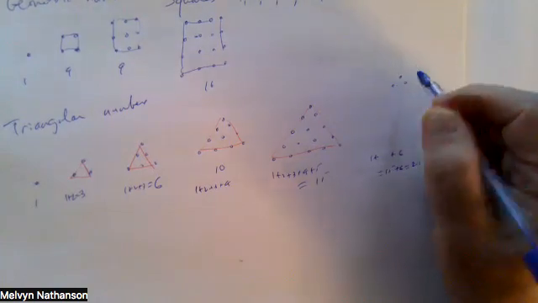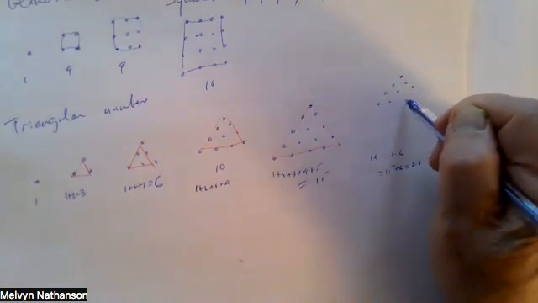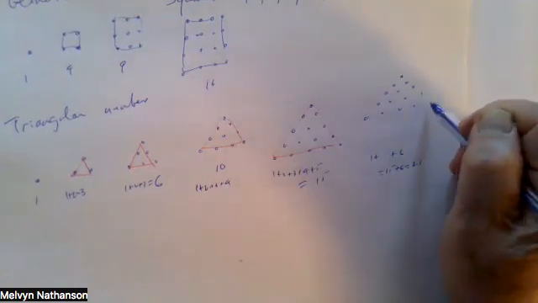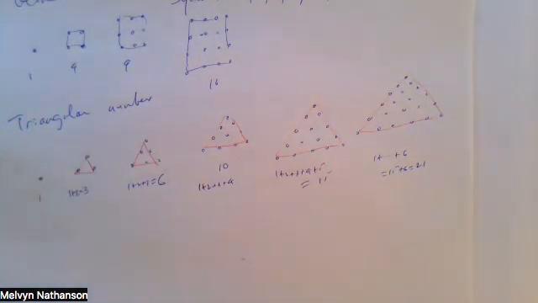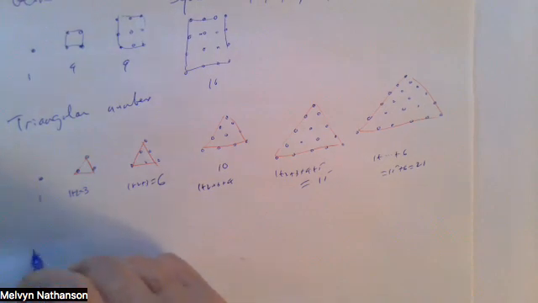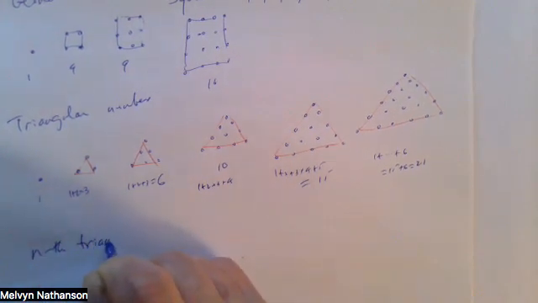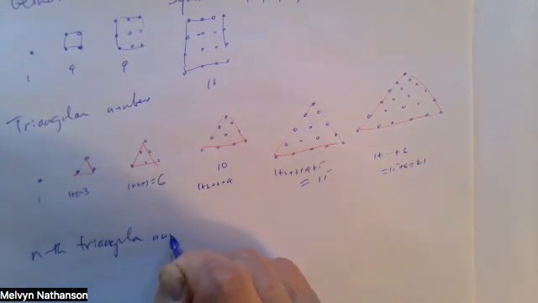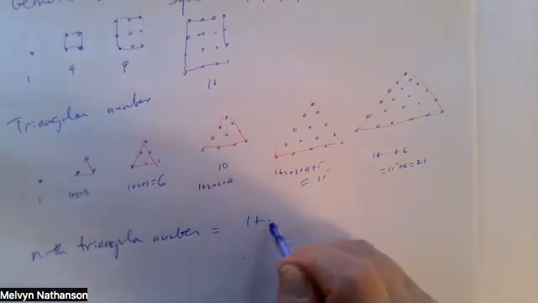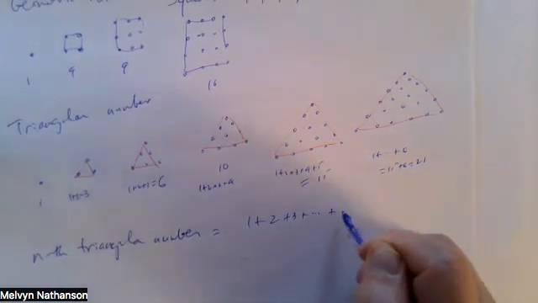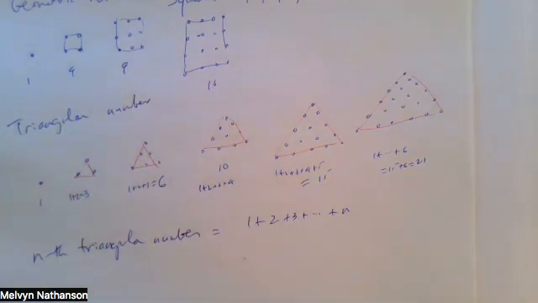And again, if you start building your triangle, 1, 2, 3, 4, 5, 6, you have 21 dots. So this defines the triangular numbers. The nth triangular number is the number of dots in these bigger and bigger triangles. It's just the sum of the first n integers.